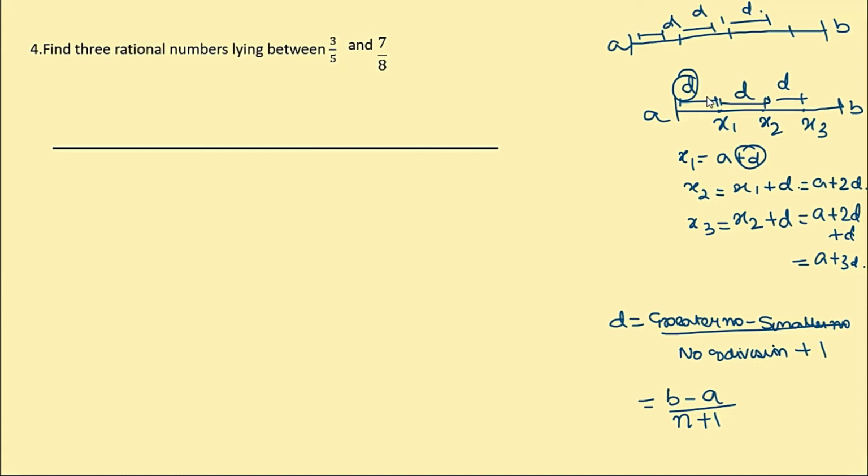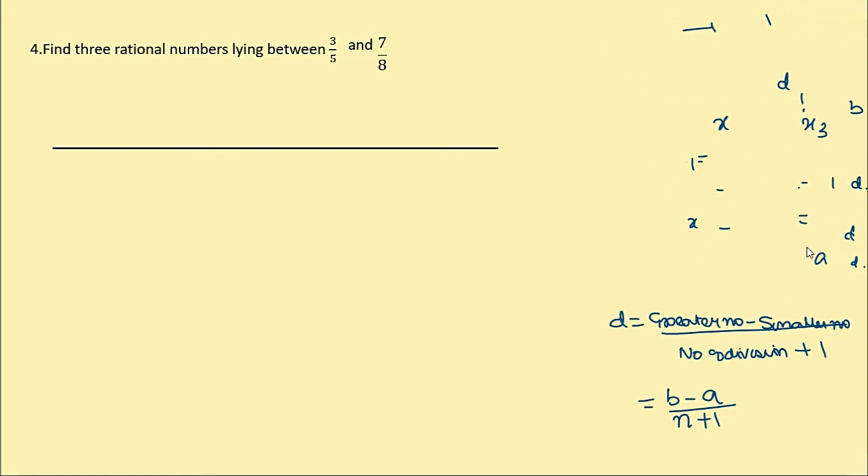So let's come to our sum, that is, you are to find a number between 3 by 5 and 7 by 8. Here also you are to predict which number is greater. So how to find out? Either you go by cross multiplication or you go by finding the equivalent decimal.